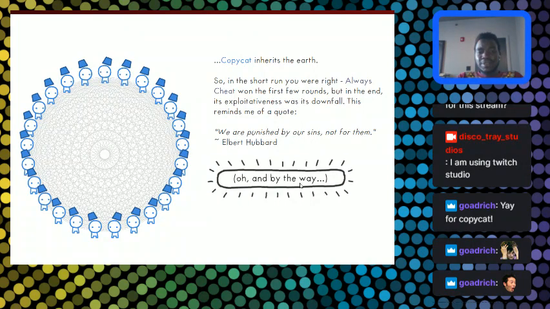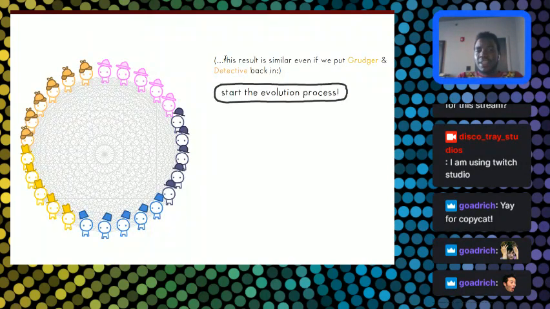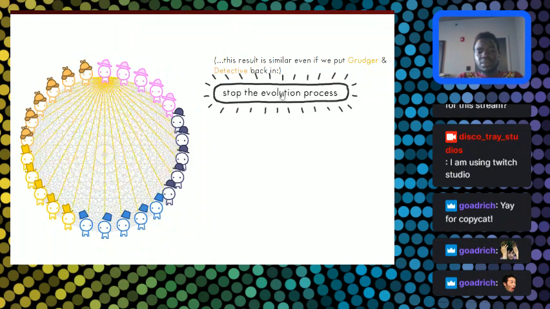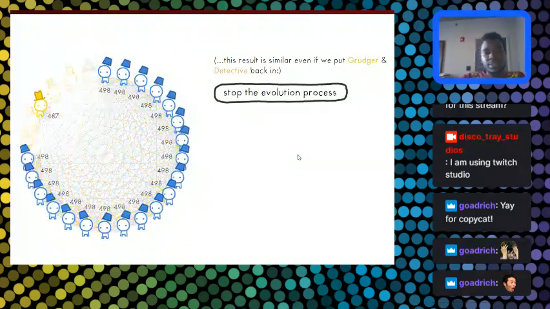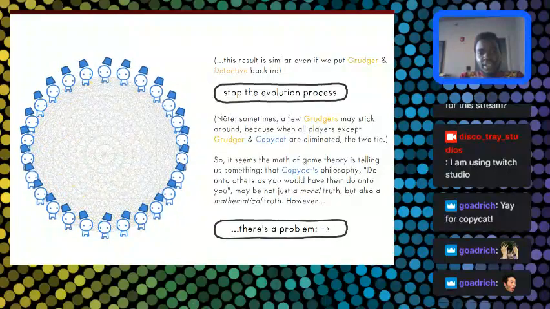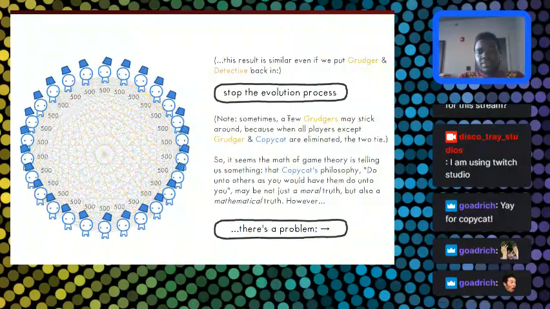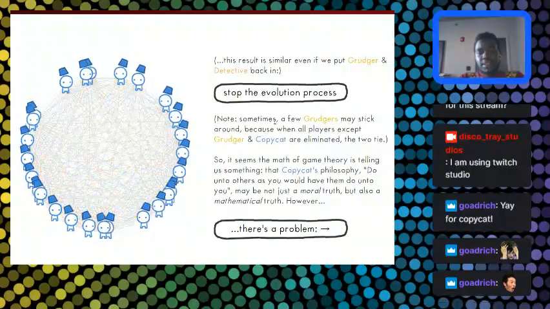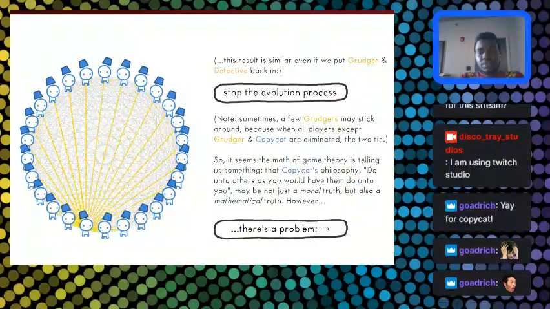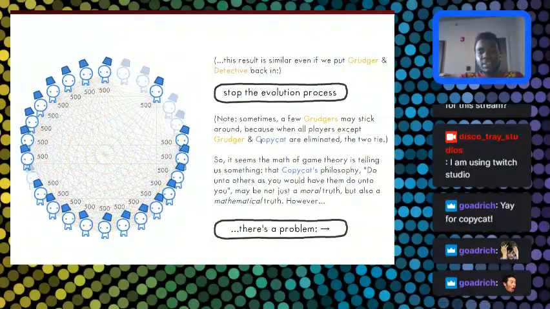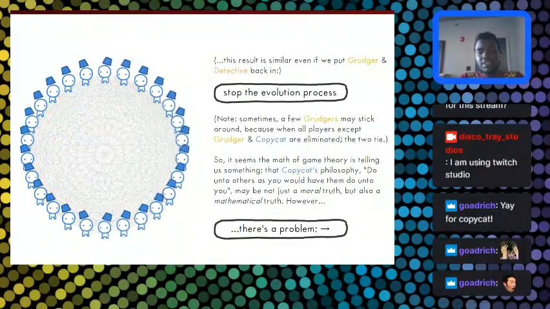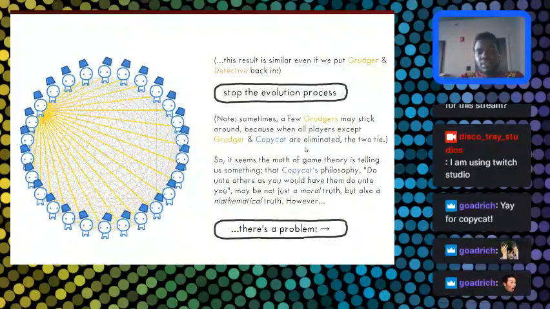Oh, and by the way, this result is similar even if we put Grudger or Detective back in. Note, sometimes a few Grudgers may stick around, because when all players except Grudger and the copycat are eliminated, the two tie.